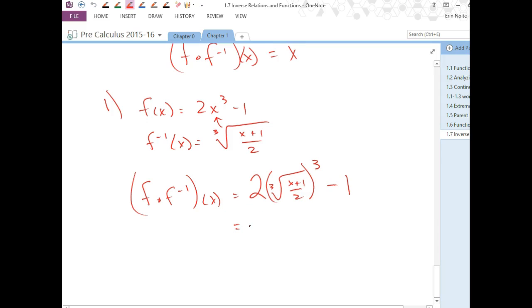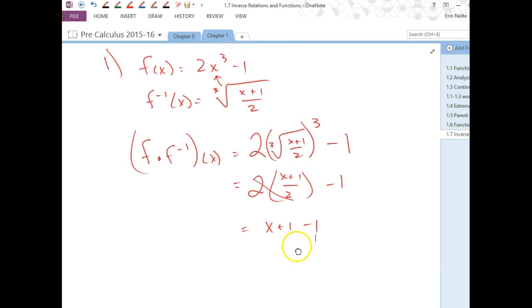What happens on a cube root cubed? They cancel, so you get 2 times x plus 1 over 2. Then the 2's can cancel. So I have x plus 1 minus 1. So it's x. So that's a verification.